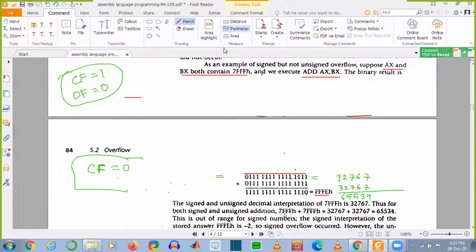Okay. Hey, anyone, what is the value of first number in case of sine number? Anisul Azam? Yes, sir. What is the value of first number in case of sine number?